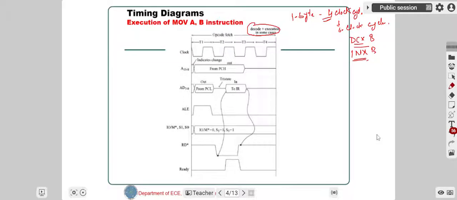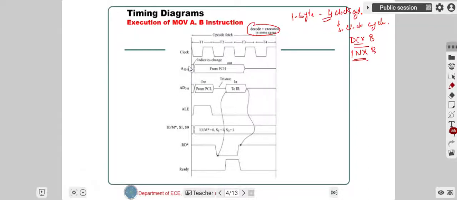Okay, so look at the diagram here. A15 to A8, PCH means higher order program counter data. Okay. Now look at this diagram here.